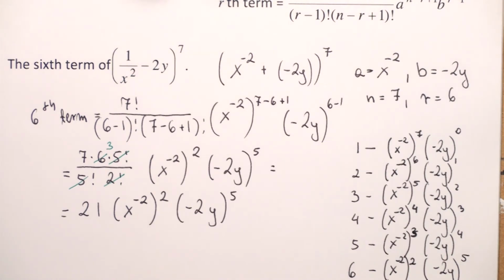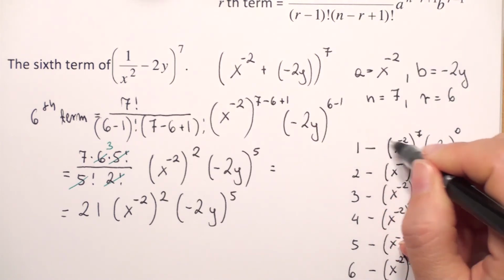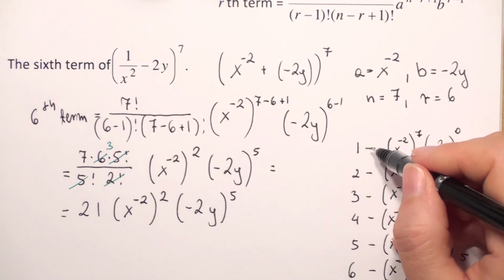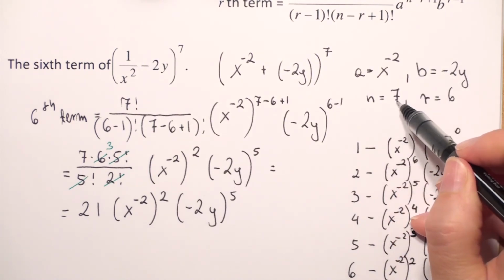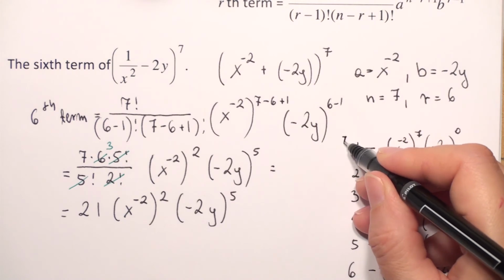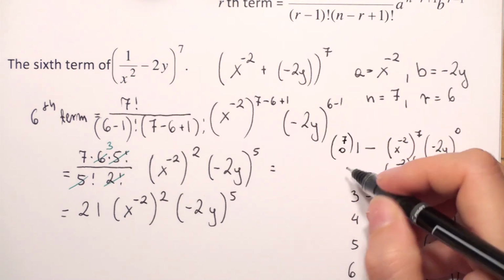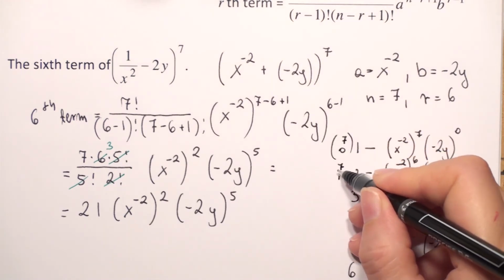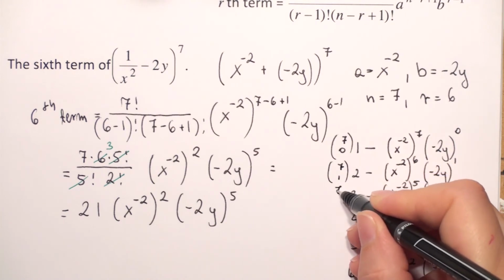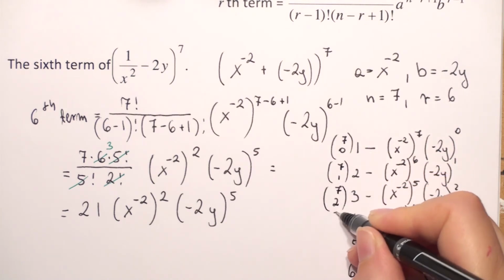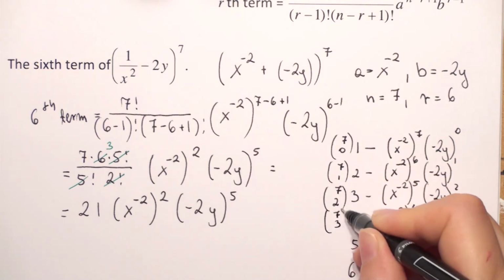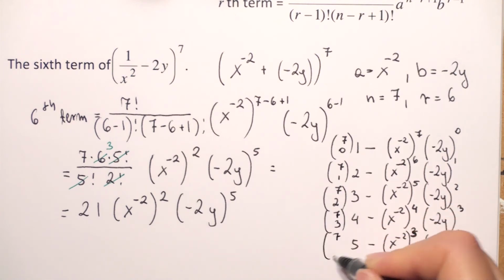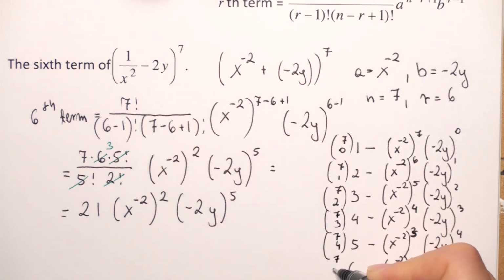And because this is the sixth term, the coefficient before this expression, because n is 7, is 7 choose 0, next is 7 choose 1, 7 choose 2, 7 choose 3, 7 choose 4, 7 choose 5.